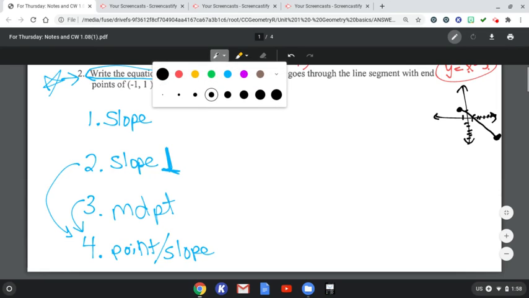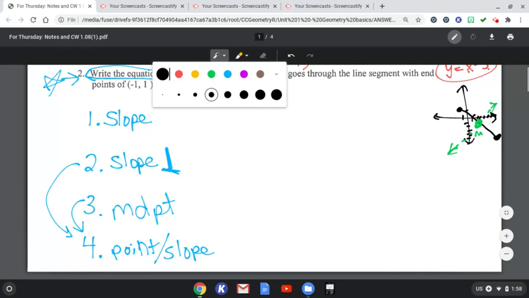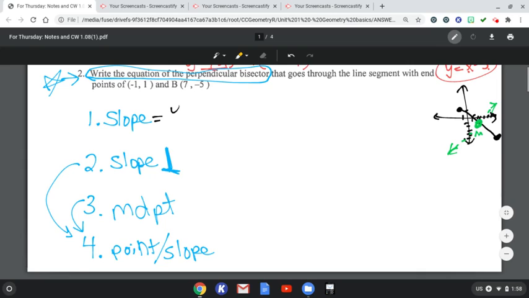The equation we need to find is the equation of a line going through this midpoint and running perpendicular to that. So I sketched a diagram of how this works. The first step is to find the slope between those 2 points: y2 minus y1 over x2 minus x1. Then we're going to find the negative reciprocal of that slope.